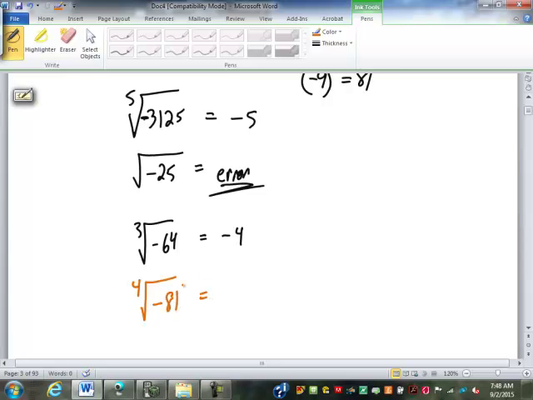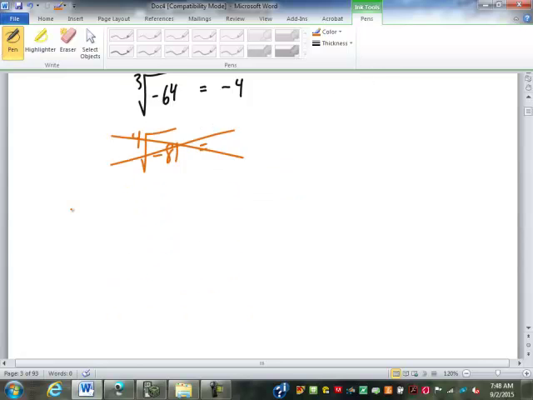Why not? Yeah, we said before, any number to an even power will be positive. So if any number to an even power is positive, we cannot take an even root of a negative number. So we can't do that. So when we're dealing with even roots, we can only take even roots of positive numbers. So something to be aware of.